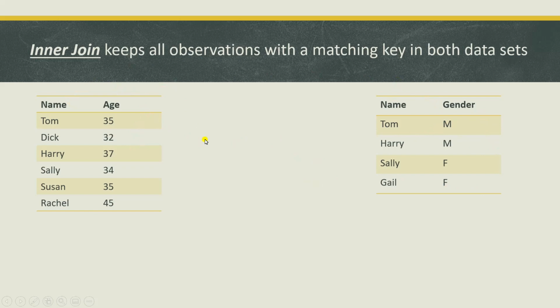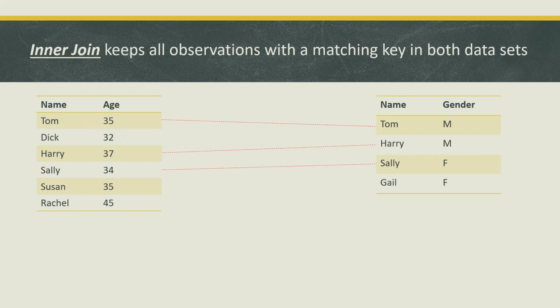So the inner join will allow us to keep all observations from both data sets where they have a matching key in each data set. So for example, you'll see that both data sets have the name Tom, right? So an inner join would preserve Tom. It would also preserve Harry and Sally as well.